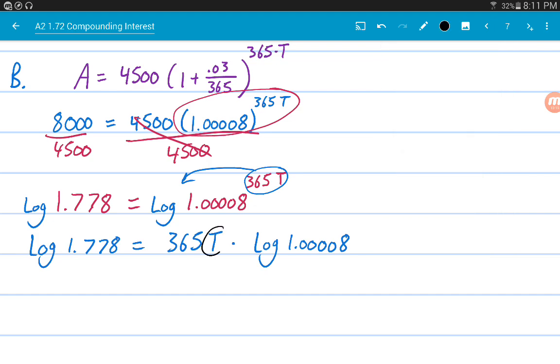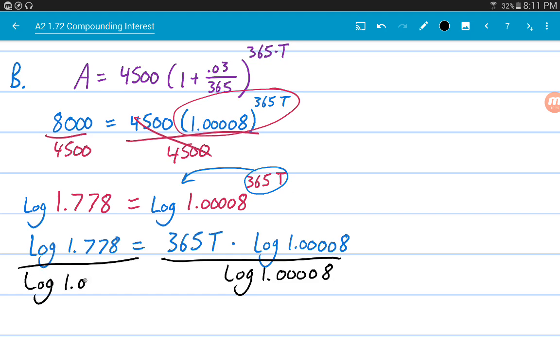Now I want to get t by itself, so let's get everything else away from it. I'll divide by the log of 1.00008 on both sides. And these will cross out.